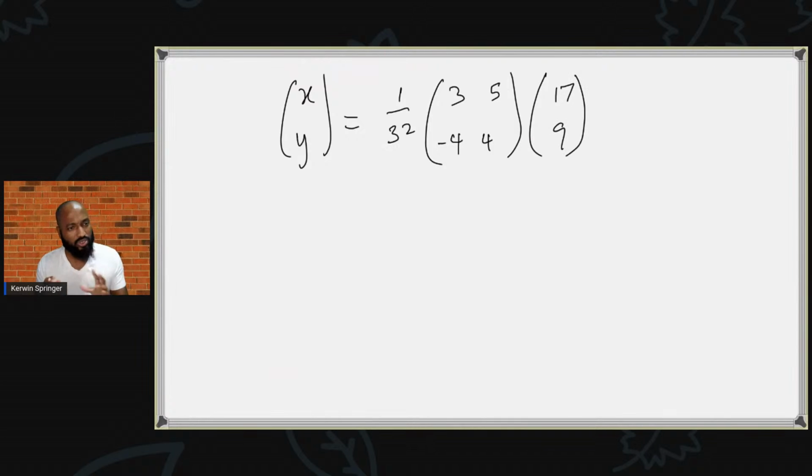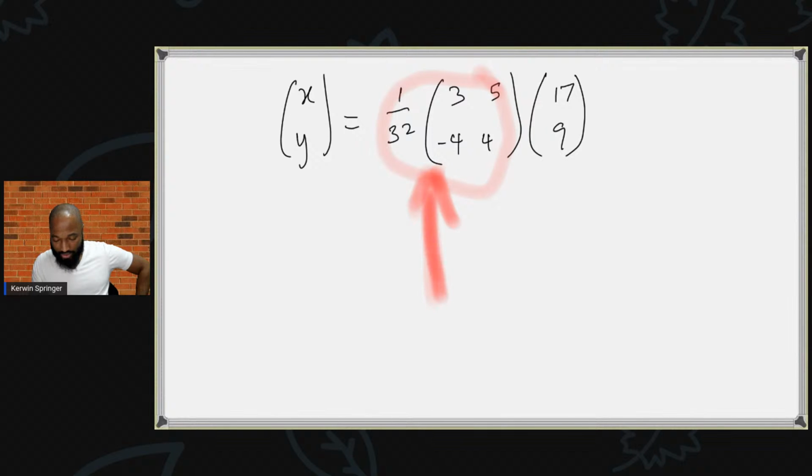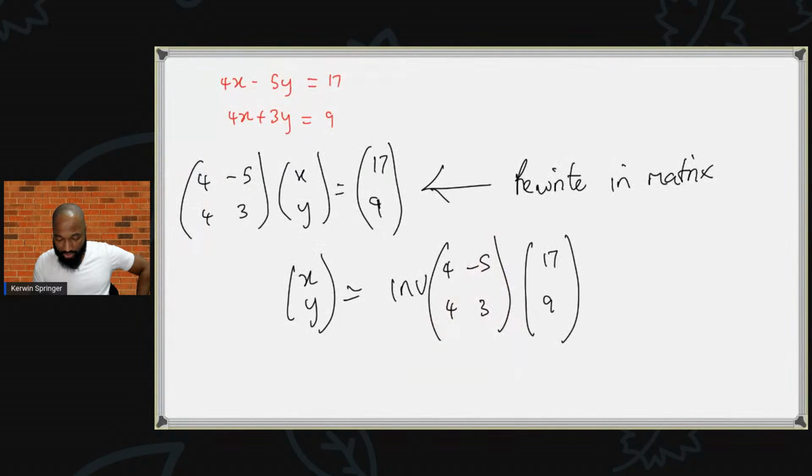Now I don't want weak students to get lost. So what happened here? This is the inverse that I just found, remember? And this is the column matrix that was on the end right here. We brought it across and found the inverse.